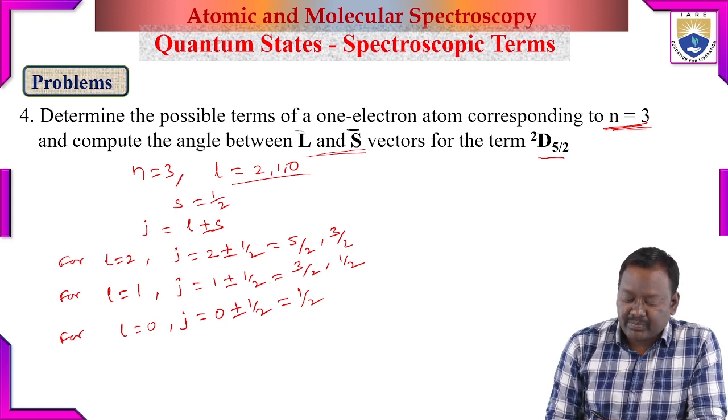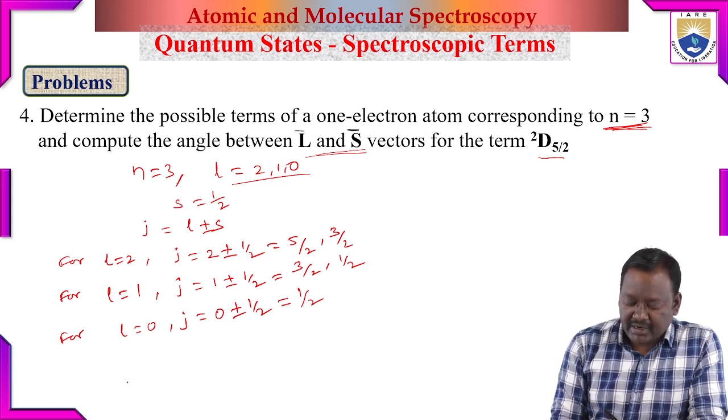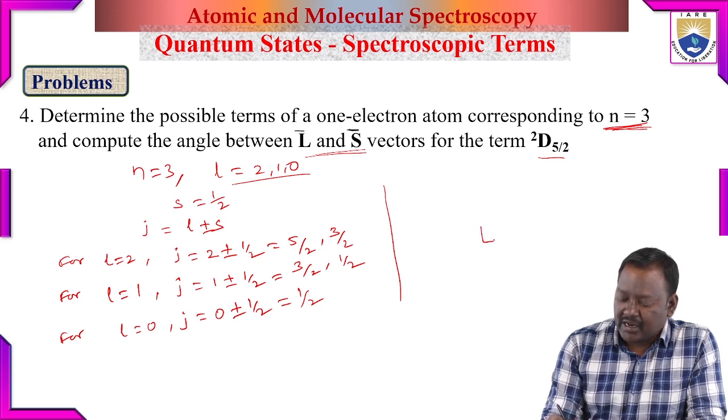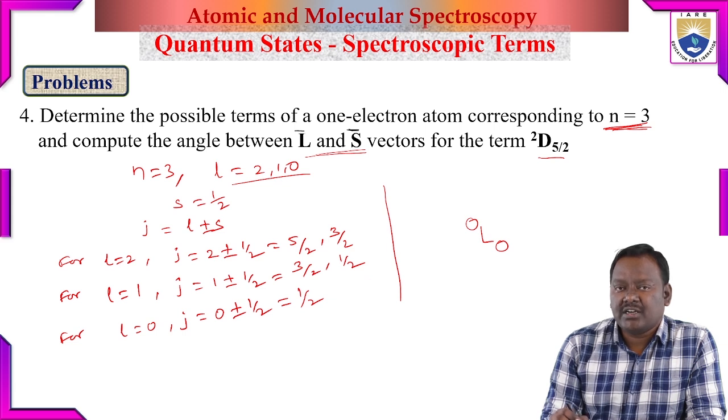So here the spectral terms can be written as, for L equal to 2, J, and we also need multiplicity. Generally we write some L value here. Here multiplicity, we need to write the J value of the particular quantum state, that is called the spectral term.